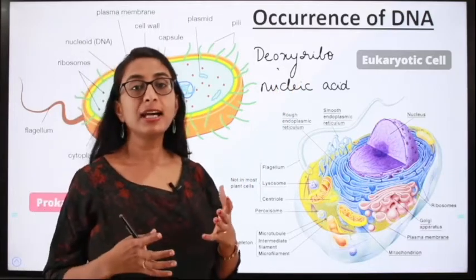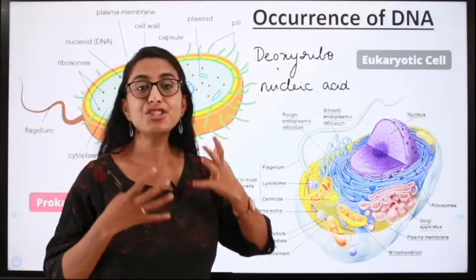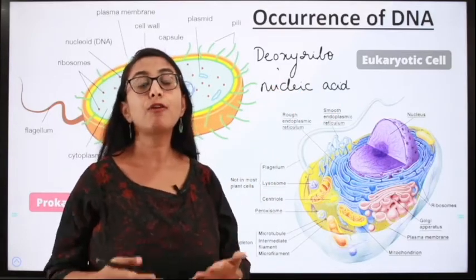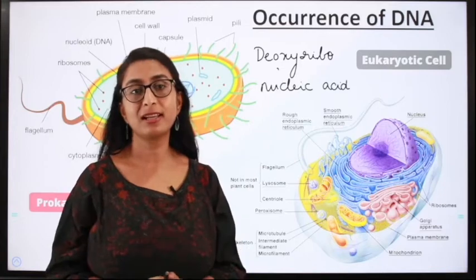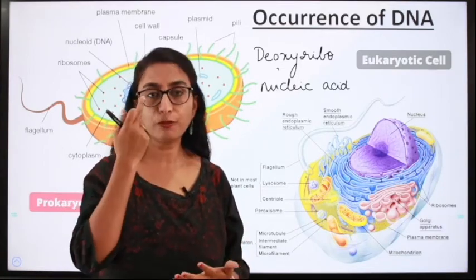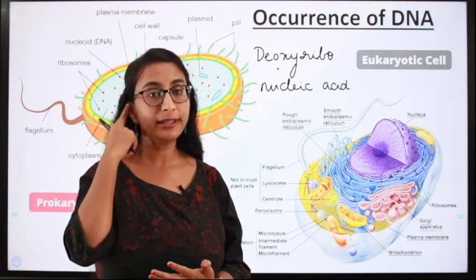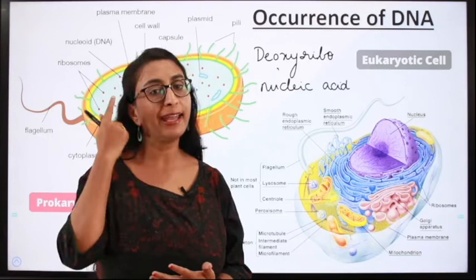The genes are present inside the DNA and it is the genes which are responsible for our characters or traits. Characters or traits can be very simple, like the shape of your eyes, the color of your eyes, the shape of your nose, ears, your skin color, hair texture.